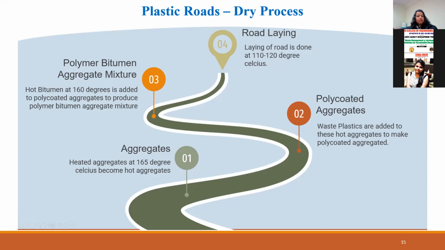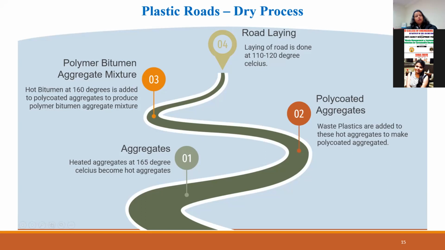This entire mixture contains the waste plastic, the bitumen, and the aggregates. All three are now combined into a polymer bitumen aggregate mixture. Once this mixture is ready, at around 150, 155 degrees Celsius after mixing, you take it to the site on the road.